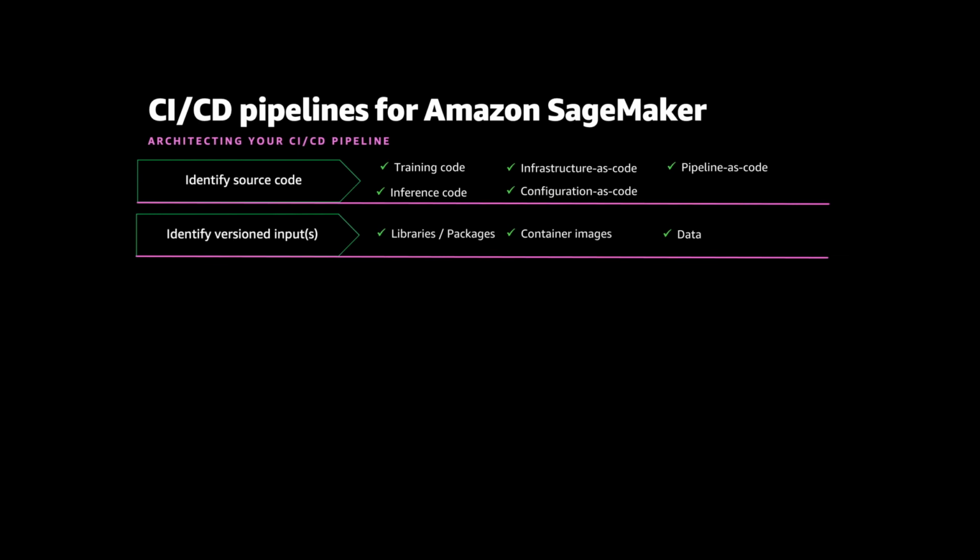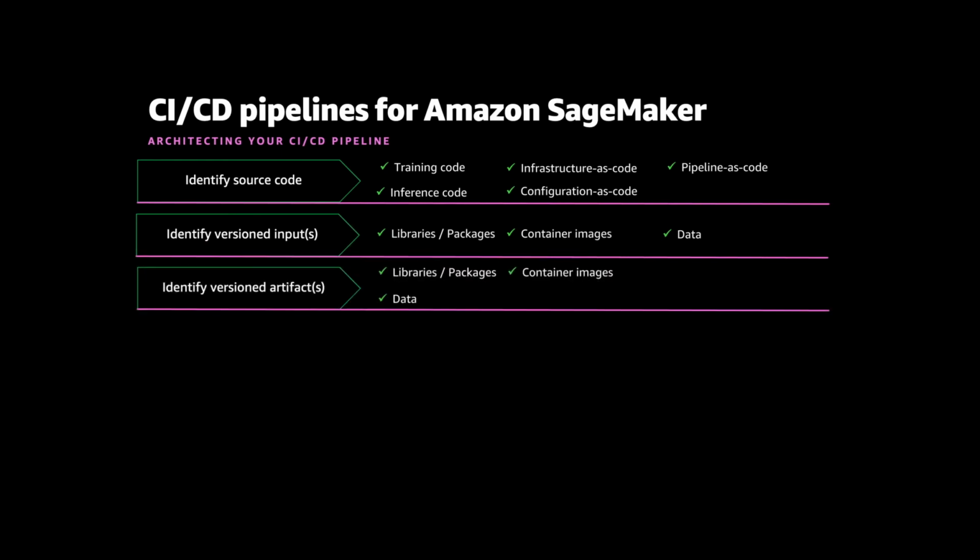Sometimes we find customers that are increasing the number of machine learning models, and they have the need to automate things, and they are going to start reducing the number of manual steps.